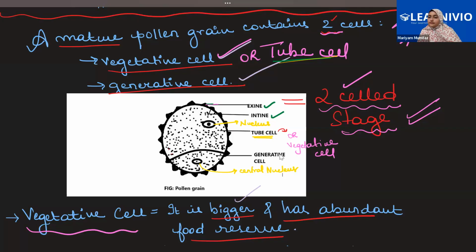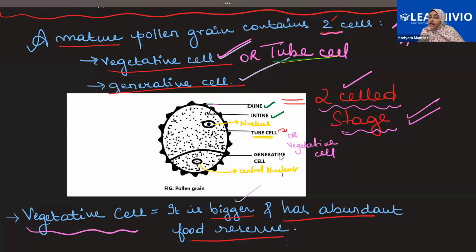Cellulose and pectin. See, when you're in the class, try to learn in the class. While I'm teaching, whatever I say, you repeat it in your mind and try to learn it, okay? Because that will benefit you a lot.